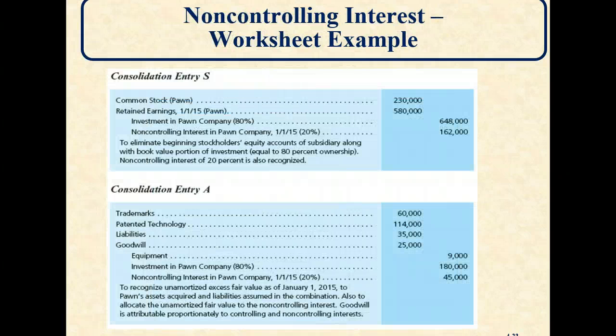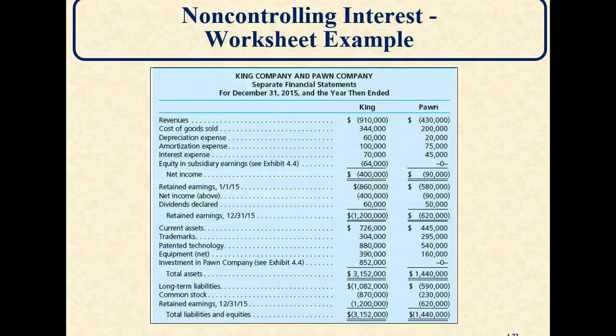Now, in order to close out or eliminate some of the equity section of the subsidiary, what we're going to need to do is create some journal entries. Okay? So in this scenario, we are going to need to eliminate Pawn's common stock, which you see right here is $230, because we want to treat it as one company.